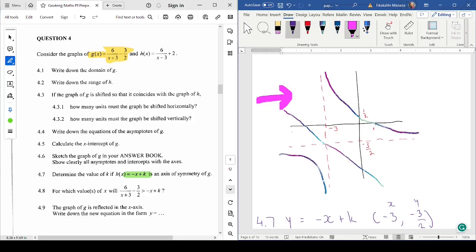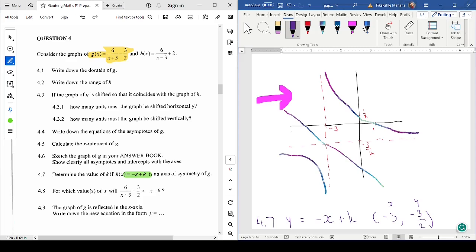So what's happening here? We can see that this is the graph of that graph minus x, the symmetry of g, this one, and then this is the graph of g.